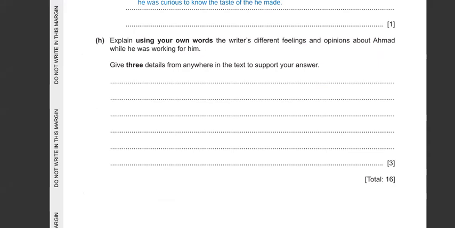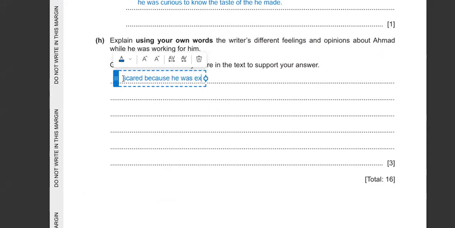So I can say that he was either nervous or scared, because he was expecting to be punished by Ahmed for the mess he created.